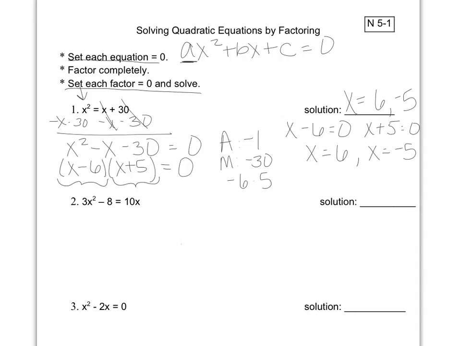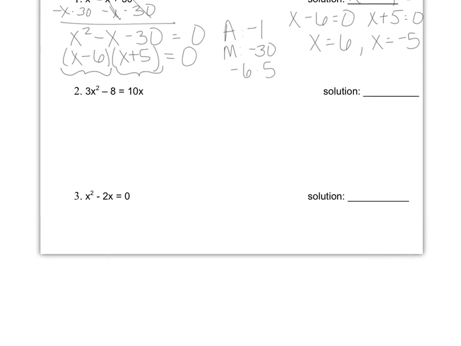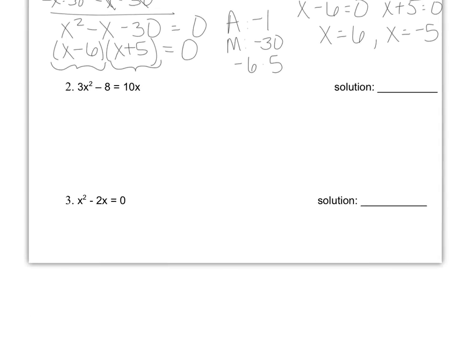Okay, so now let's take a look at number 2. All right, so remember your first step is to set it equal to 0. So look at your x squared term.